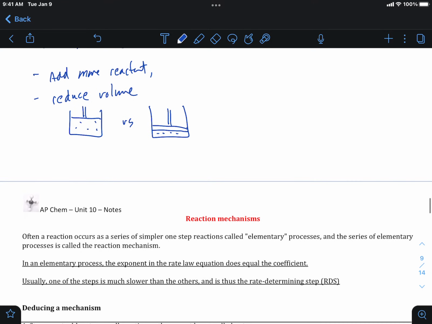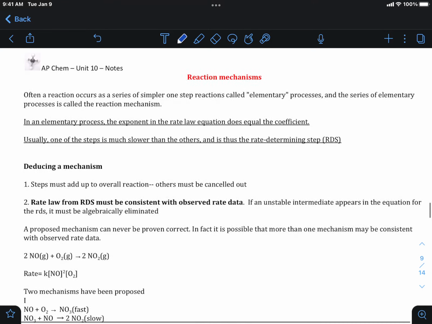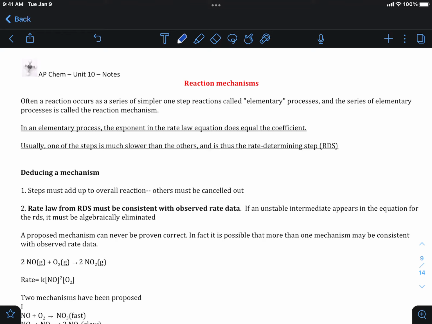Okay. So then now we talk about the step-by-step process of explaining chemical reactions. And this is what we call the study of reaction mechanisms. So often a reaction occurs as a series of simple one-step reactions. Each step is called an elementary process, and the sum of them is what we call the reaction mechanism. So a mechanism is a series of steps.